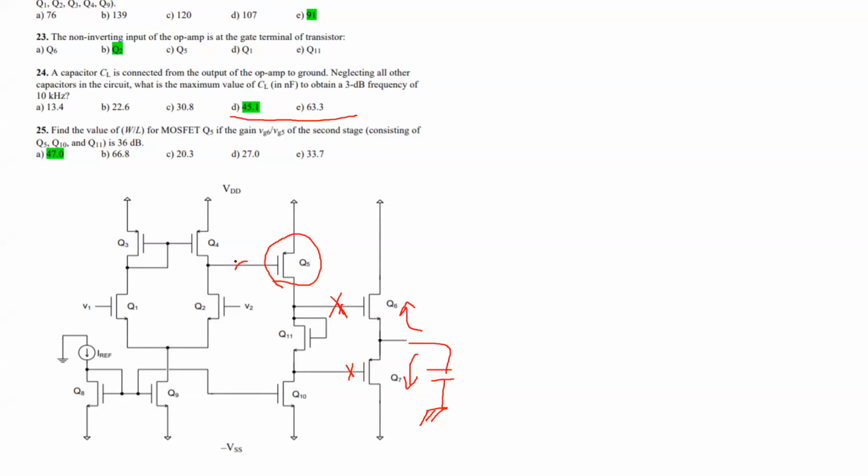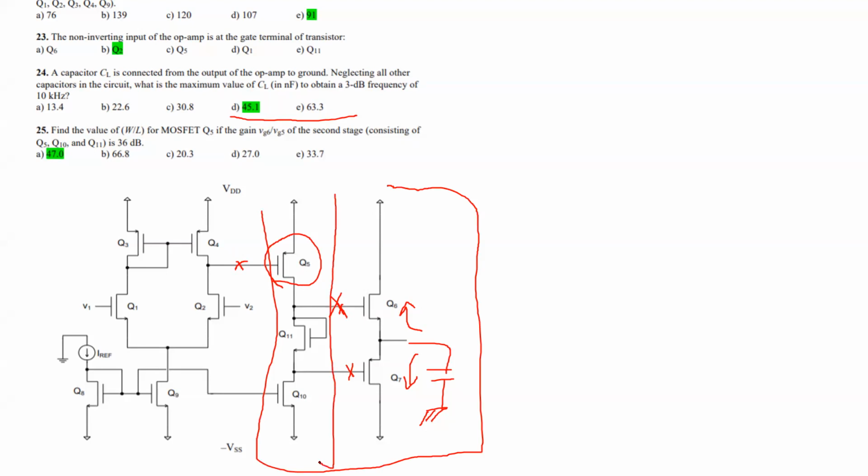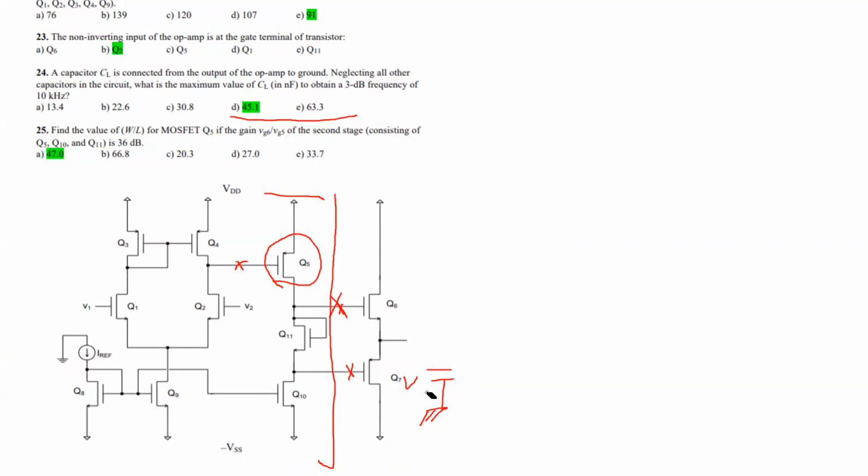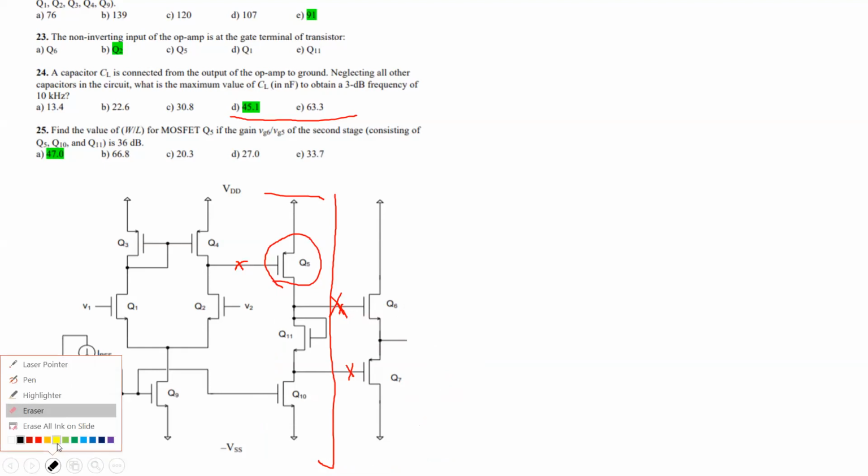So he gave an explanation of what the second stage is. This is my second stage here. Q10, Q11, sorry, this is the second stage, Q10 and Q5 and Q11. And we need to see what the loading of this stage is. There is no loading on it, because it is connected to a capacitor on Q6, which is connected to a transistor.